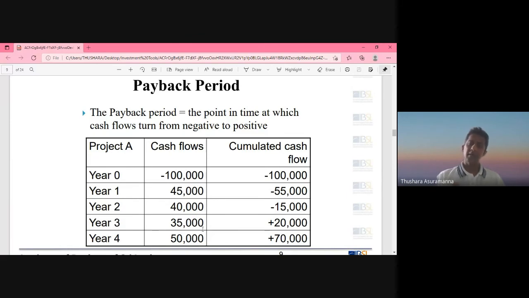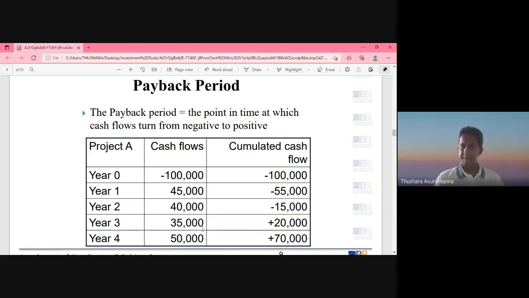So that 15,000 should be within this 35,000, because at the end of year 2, we need to recover 15,000. And when we come to year 3, we have a positive cash flow of 35,000. That 15,000 is within the 35,000.